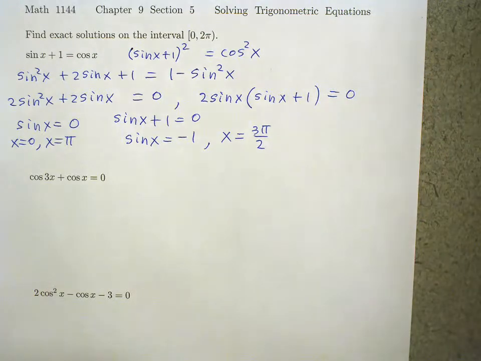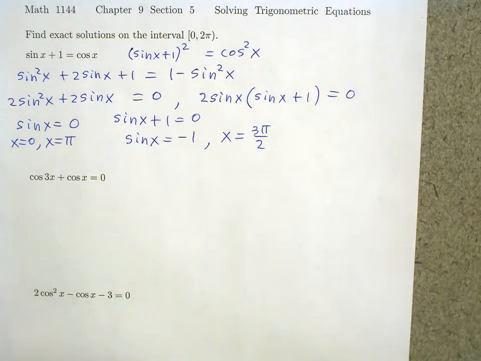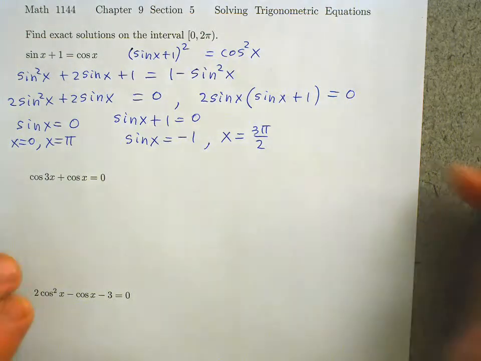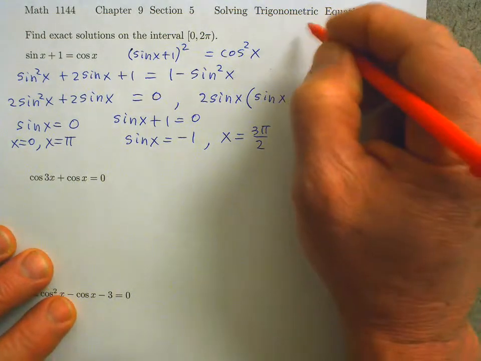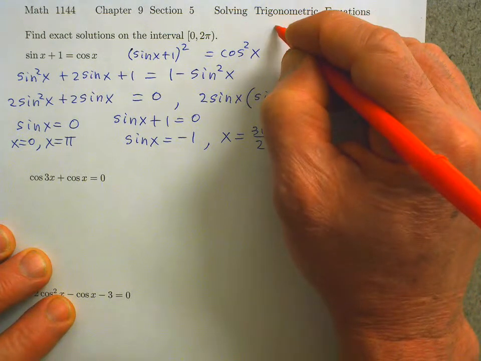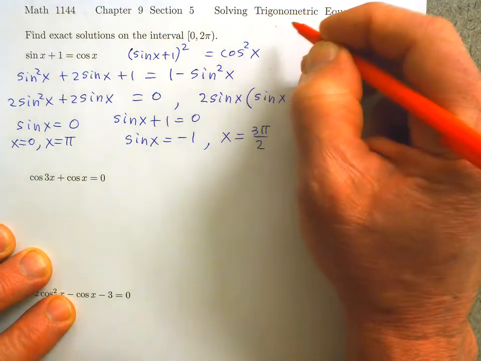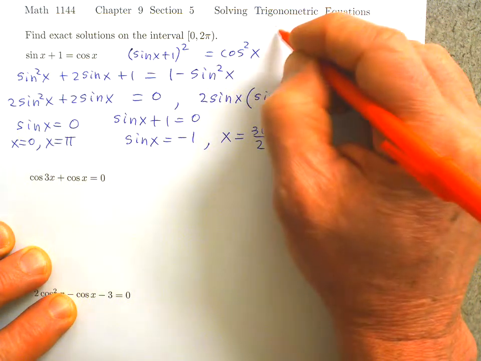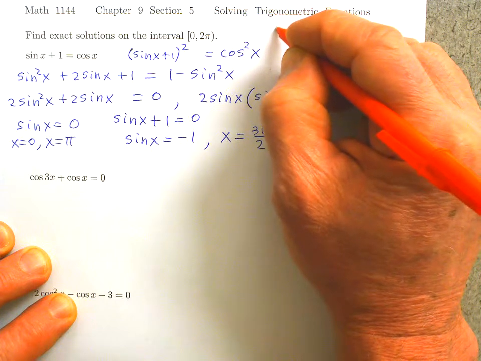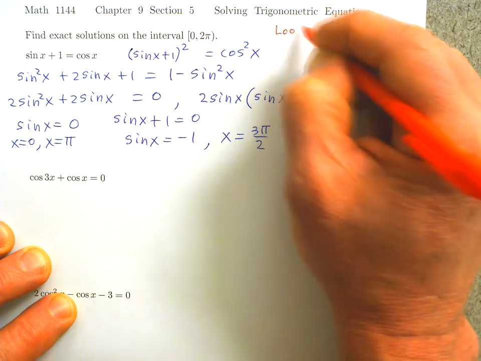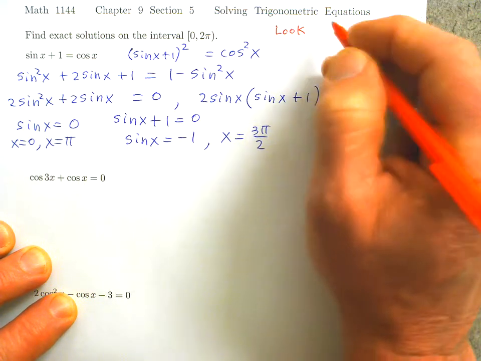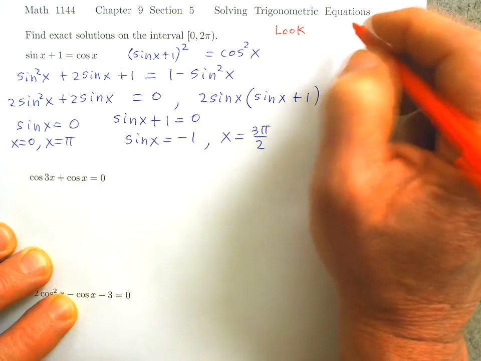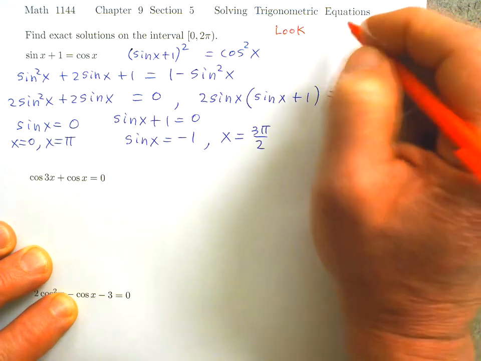Okay, we started out by squaring both sides of the equation. So we have to be aware that we might have introduced extraneous solutions. This is something that you no doubt saw in a lower division algebra class.